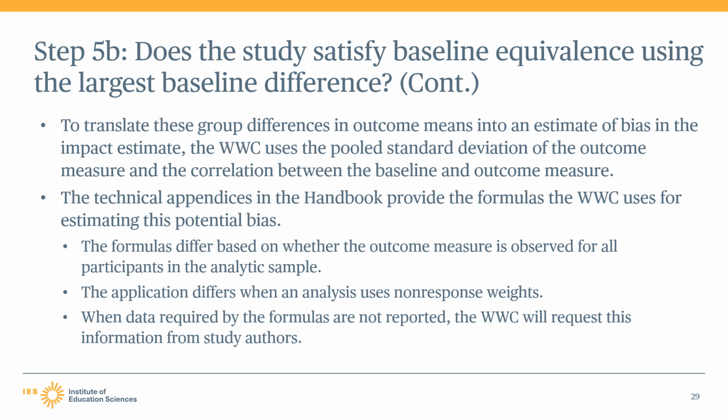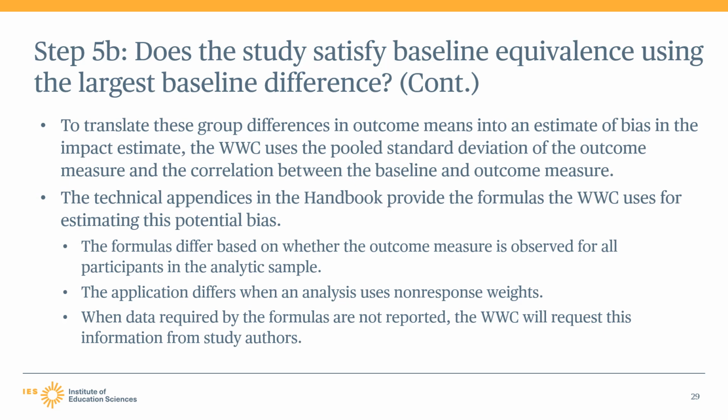The formulas used to assess this bias also differ if the outcome measure is not observed for all participants in the analytic sample, or if the analyses use non-response weights or complete case analysis. If these data are not reported in the study, then the WWC will request this information from the study authors.